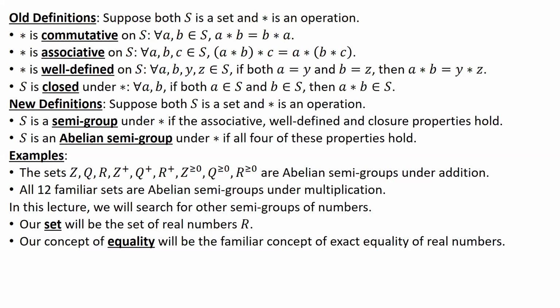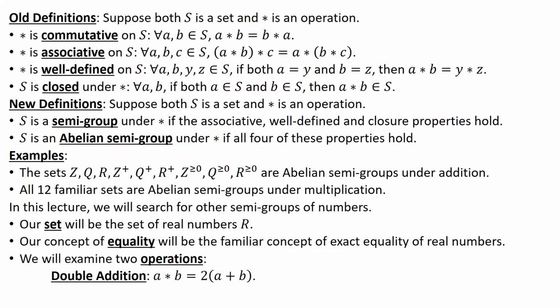However, we will look at a couple of unfamiliar operations. One of them is double addition, which is just A star B equals 2 times the quantity A plus B. So for example, 3 star 4 would equal 2 times 7 or 14. The other is double multiplication. A star B equals 2 times the quantity AB.